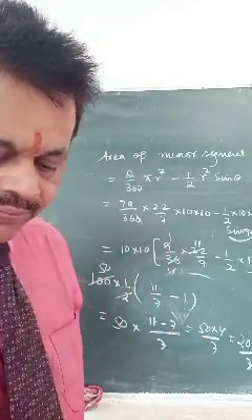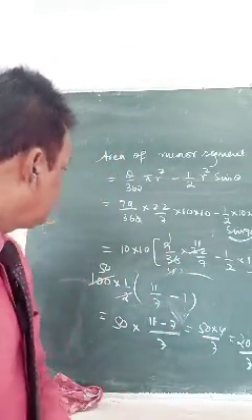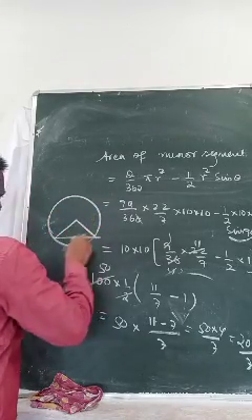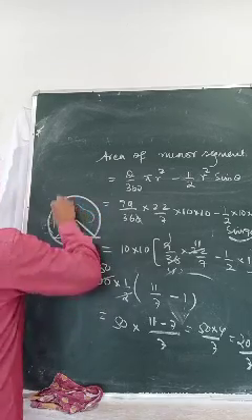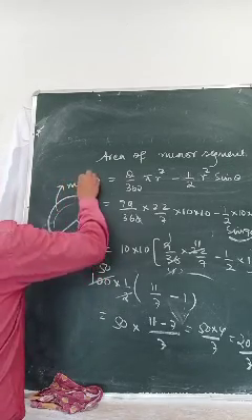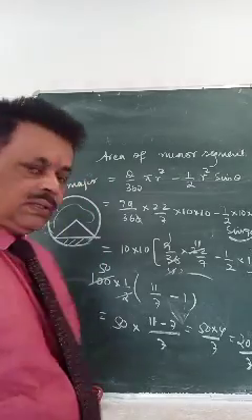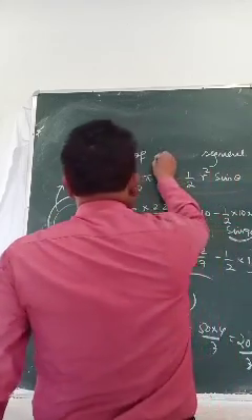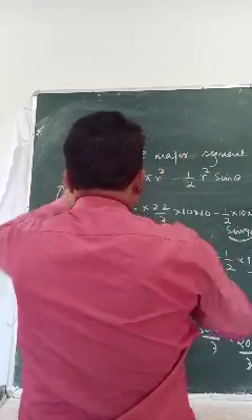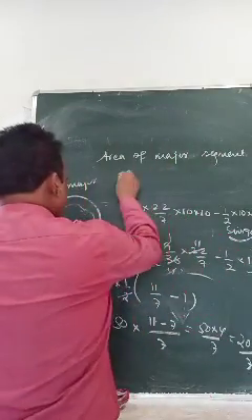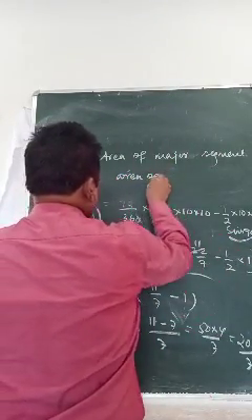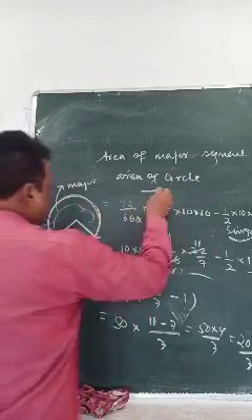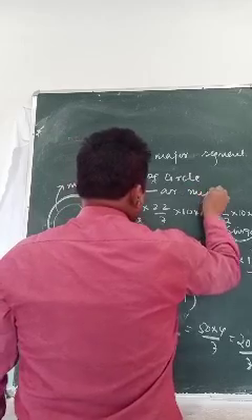Okay. Then you find major segment. Which one was major? If this is minor, this part is major. So how to find major? The area of major segment is area of circle, means total, minus area of minor segment.